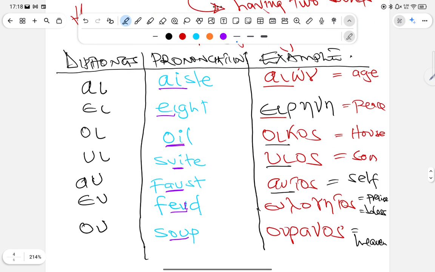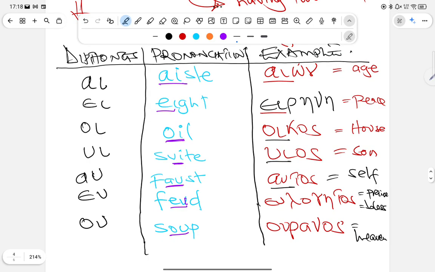Again, just a quick one. Remember, these are the diphthongs we covered. In this section we have the diphthongs, and in this one is how you pronounce the two vowel letters that have been put together, and the example of a Greek word that has such a diphthong.